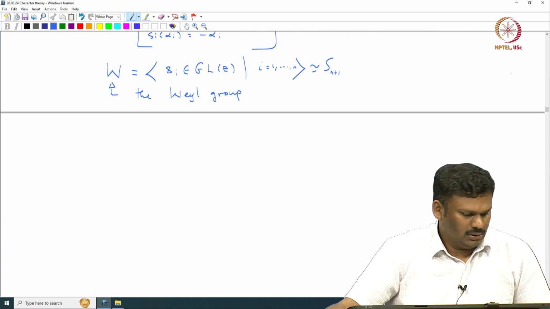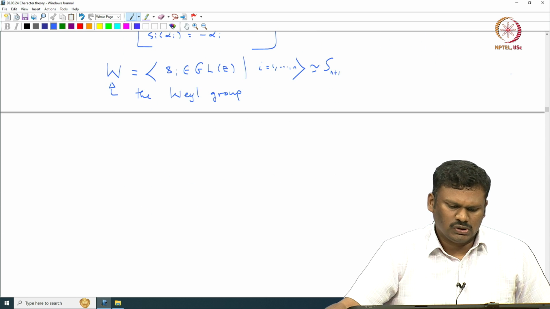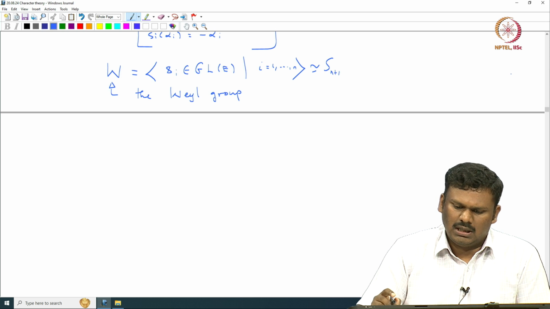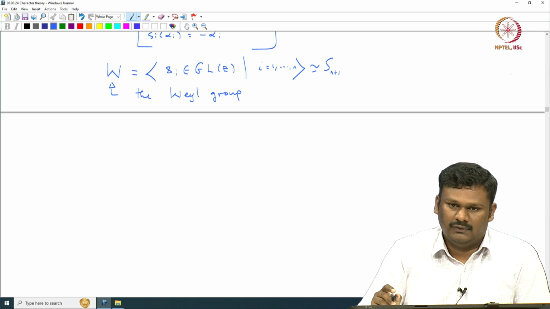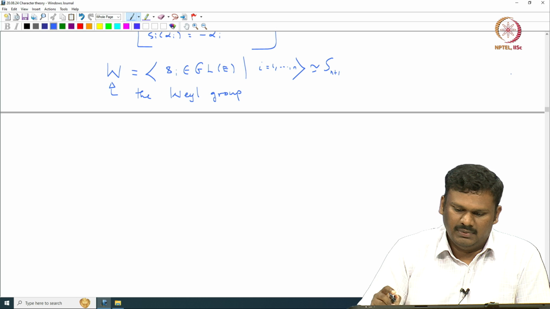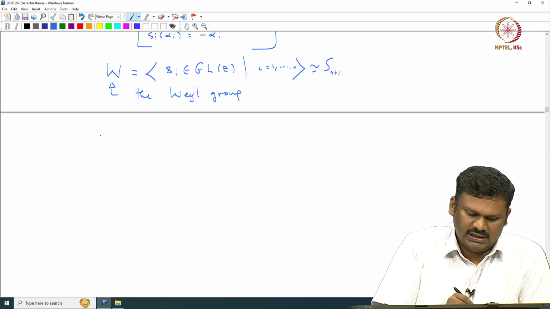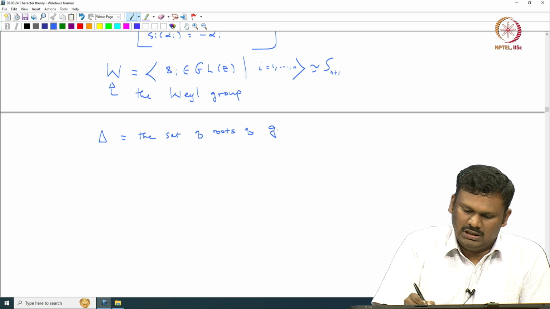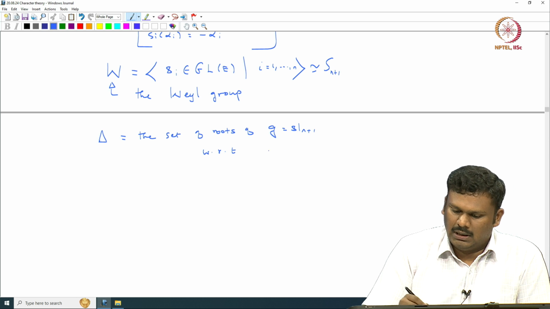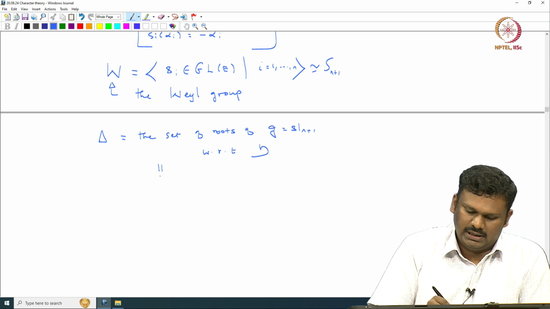So, now we also have reflections corresponding to each root, where the root comes from Delta. Recall the set of roots of G, which is SL_{n+1} again, with respect to the Cartan H. That is identified with epsilon_i minus epsilon_j, where 1 ≤ i < j ≤ n+1.